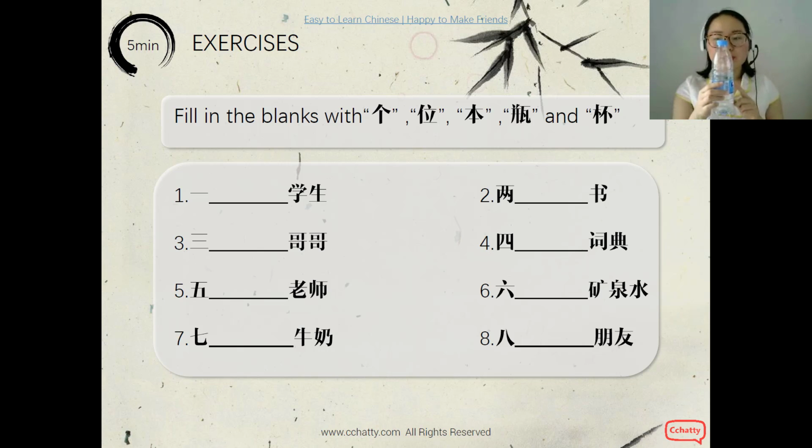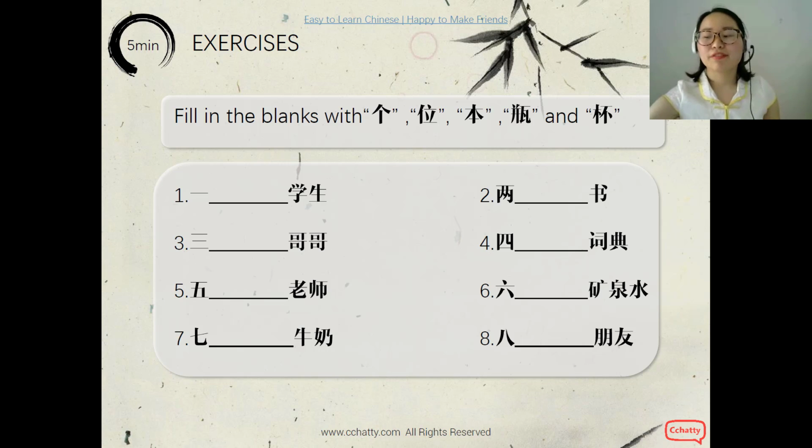And 6 bottles of water. Can you try? Okay. 6瓶水. 很好. 6瓶水. And maybe I have 3 elder brothers. 3个哥哥.